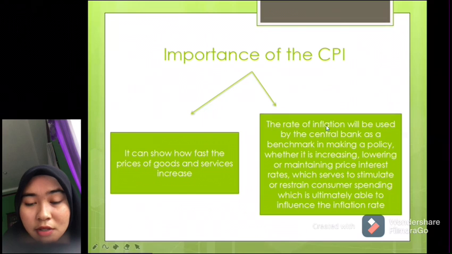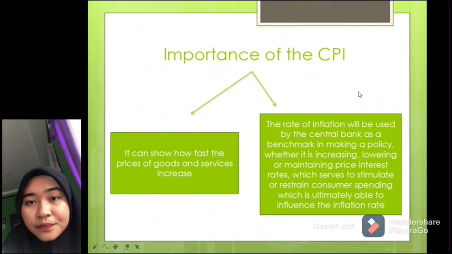The next is that the rate of inflation will be used by the central bank as a benchmark in making a policy, whether to increase, lower, or maintain the interest rate, which serves to stimulate or restrain consumer spending, which is ultimately able to influence the inflation rate.